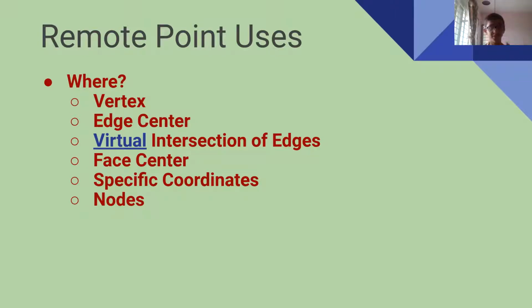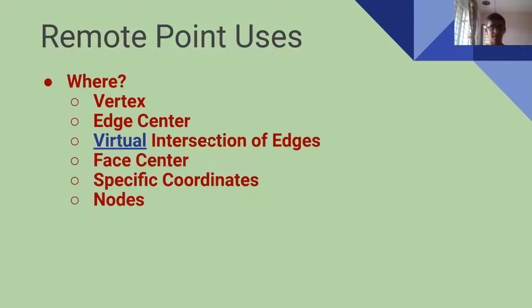If they are not intersecting physically, but they are non-skew, so that they are going to meet at some point, then that virtual intersection point can also be used, or directly taken into account, when we select multiple edges and make a remote point at the virtual intersection. Then we can have a face center where the remote point can be made. We can specify the coordinates of the remote point where we want to make it. We can even select nodes where we want to apply a remote point.